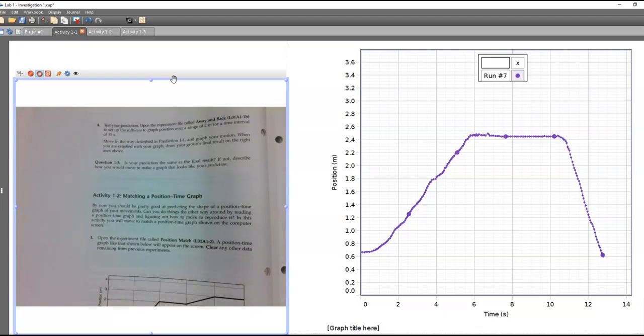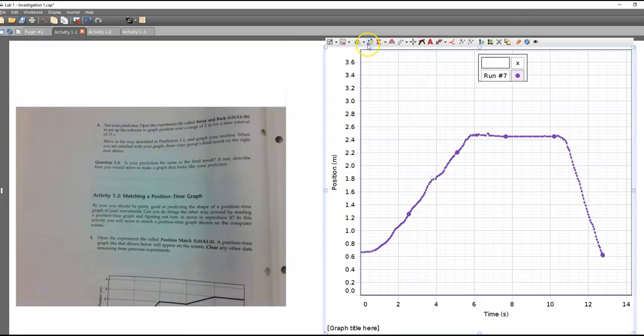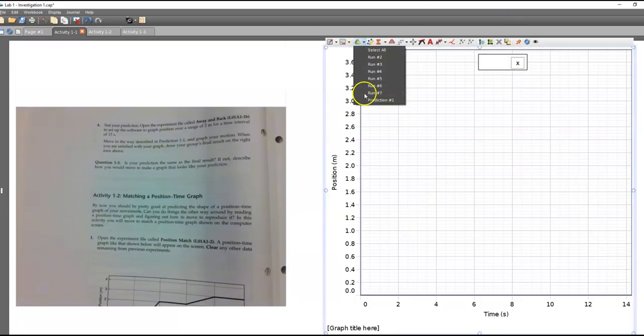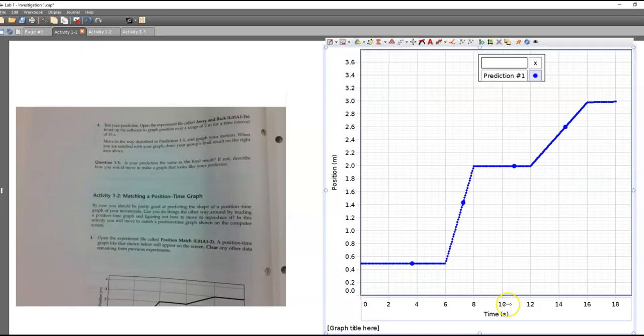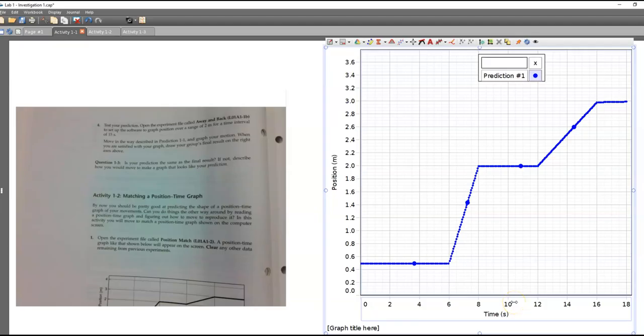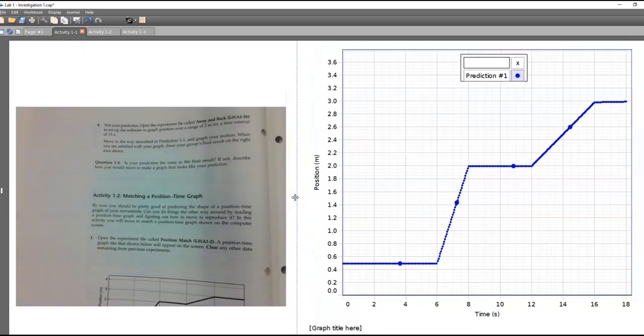Now it's here's the graph, you move to match it. So here's what I'm going to do. I'm going to turn on a prediction. As you can see, the prediction lasts for about 18 seconds. And I'm going to move this over a little bit so we can see it better.